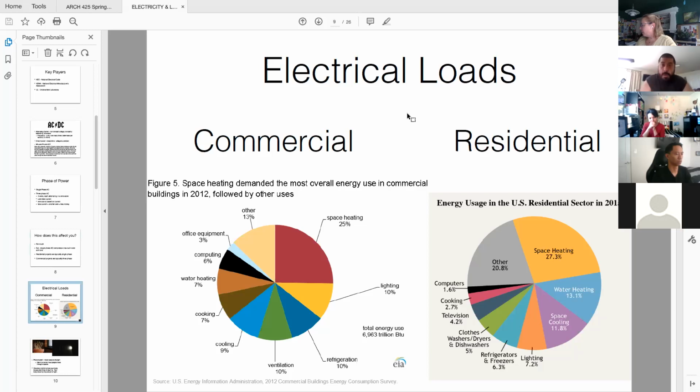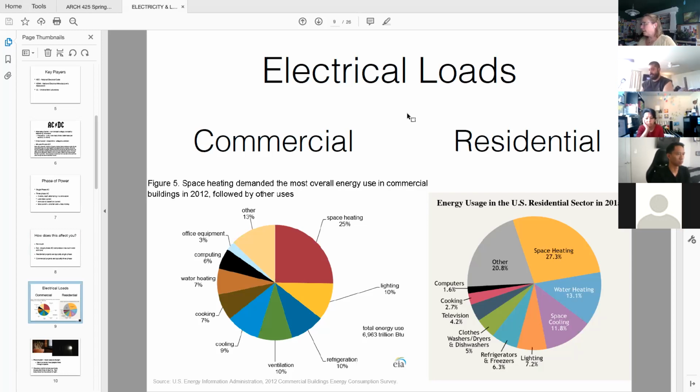These charts are within the last 10 years. They're fairly accurate now. Lighting loads, if anything, are going down a little bit because of the LED technology progressing farther forward, which really makes a huge dent in the electricity needed for your lighting load.